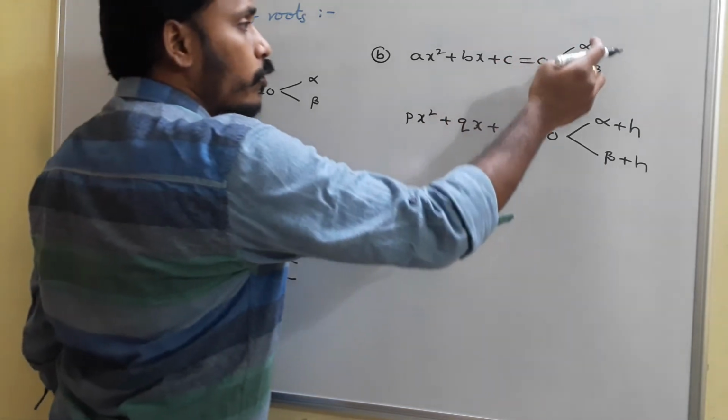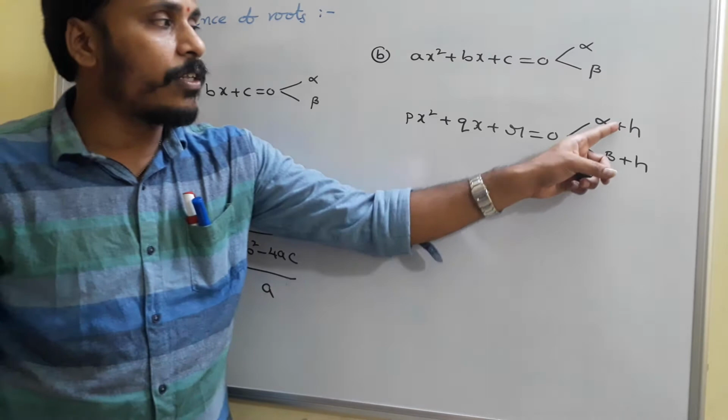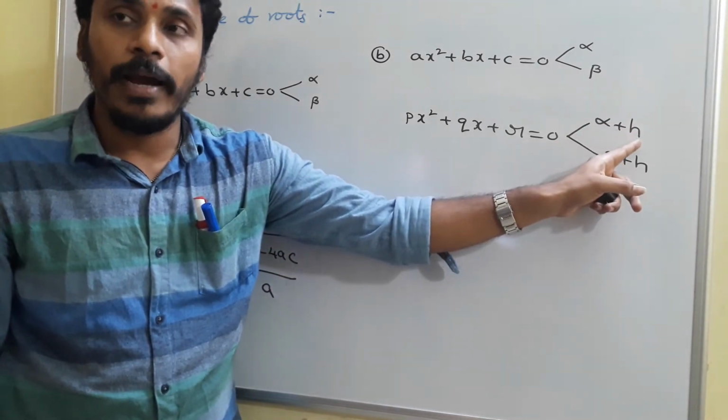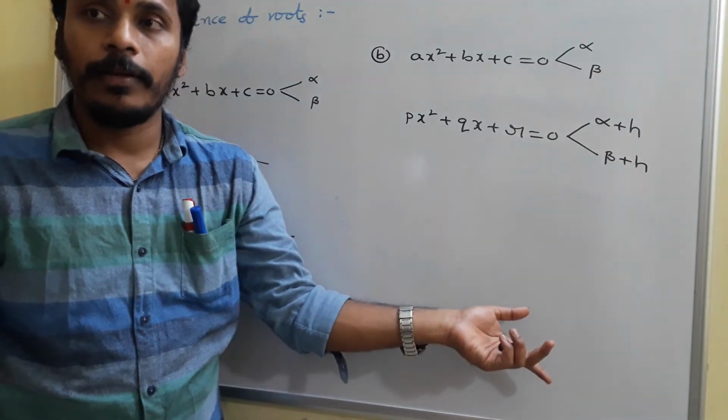The difference of the roots for the first is alpha minus beta. Then what is the difference for the second? The difference of the roots, alpha plus h minus (beta plus h), will give us again alpha minus beta only, right?